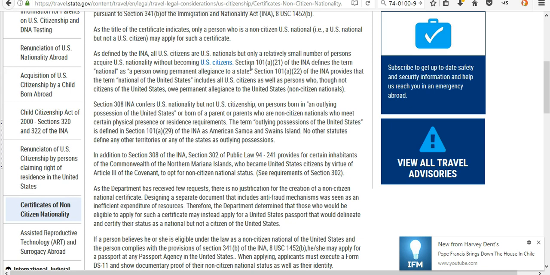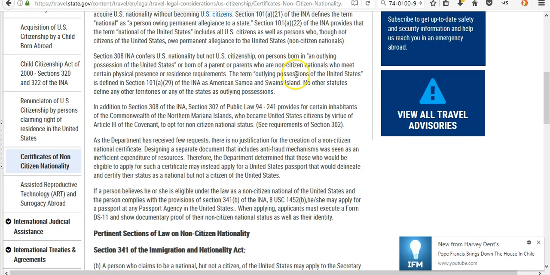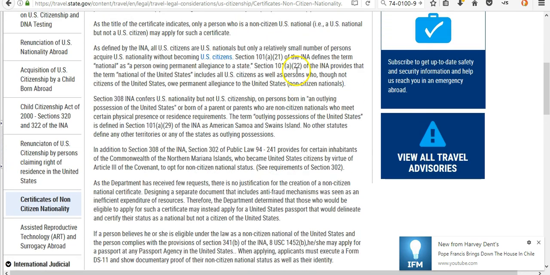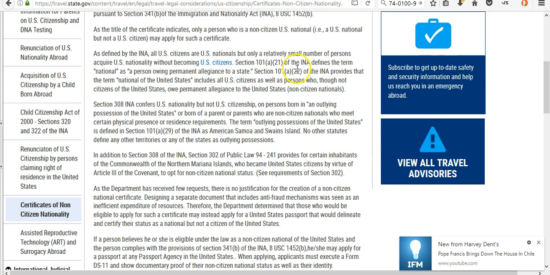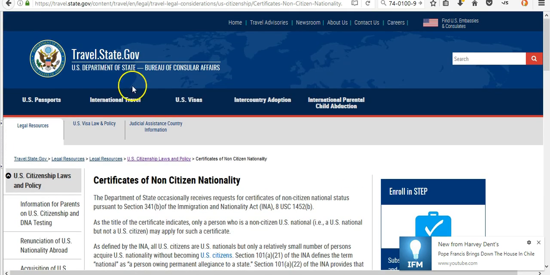It's not a game, y'all. I'm not going to go past this. This stuff is just laid out. So if y'all want to check this out, like I said, this is on the Department of State website.